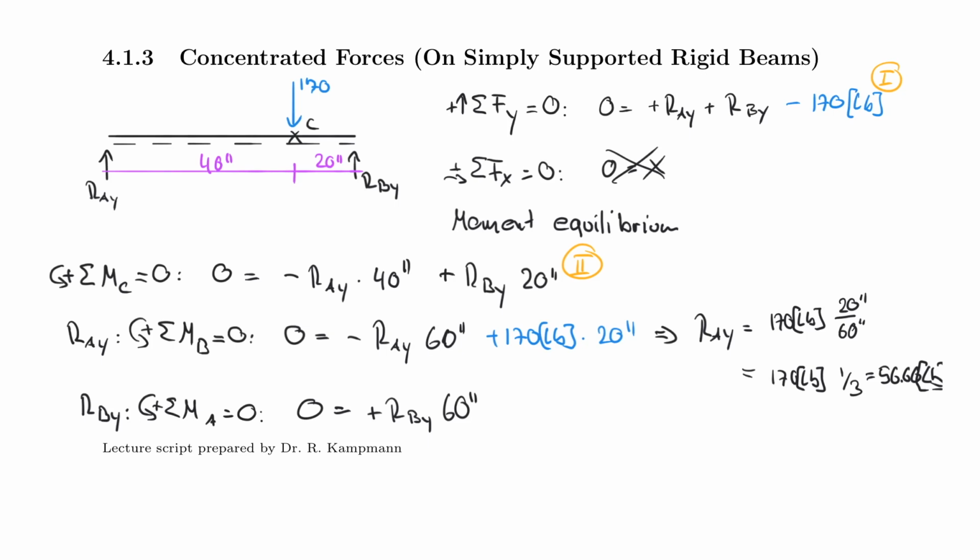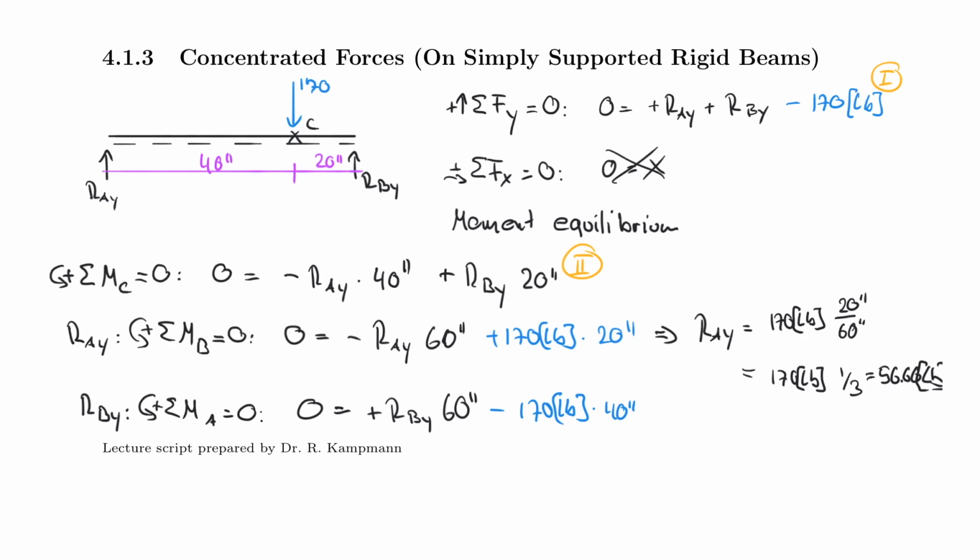And now the 170 rotates clockwise, so I multiply that by negative 170 pounds and by 20. No, that's not true. It's not 20. It's actually 40 inch in this case, right? It must be the inverse.